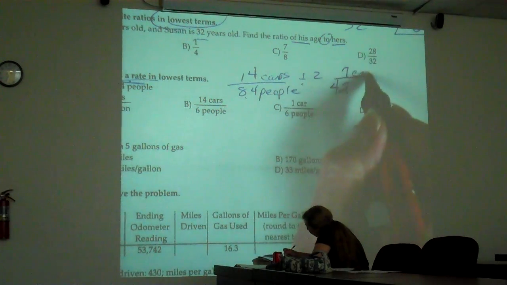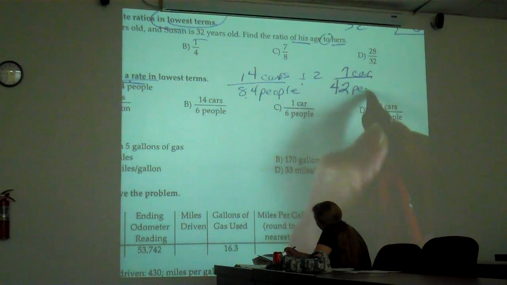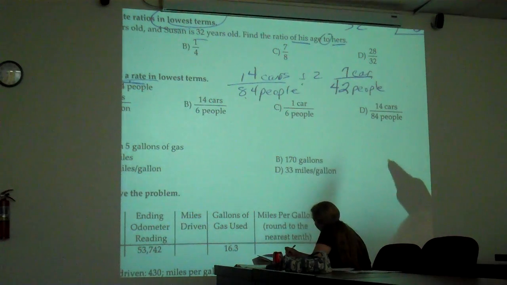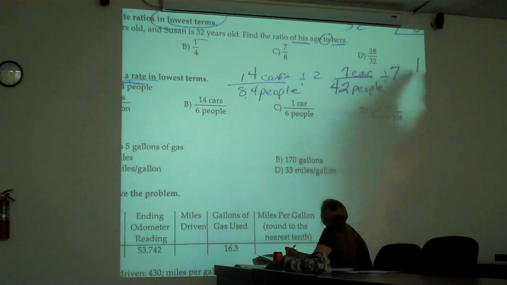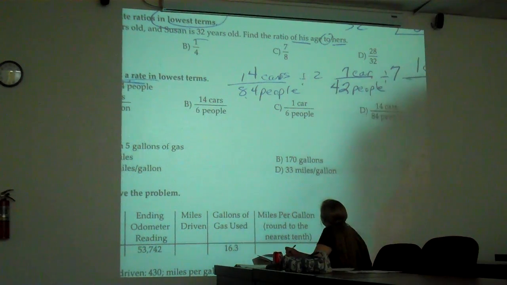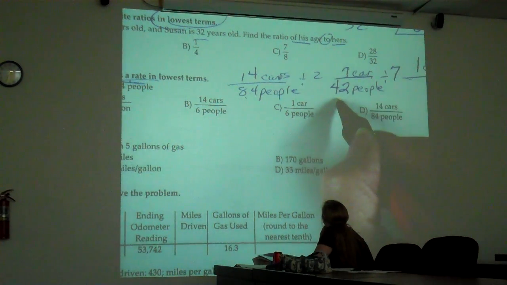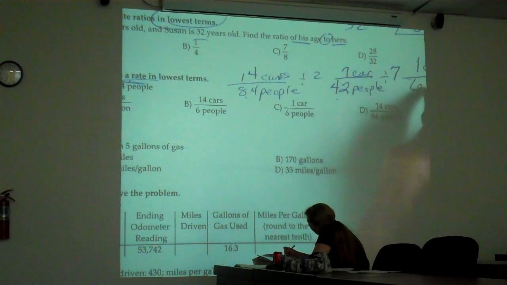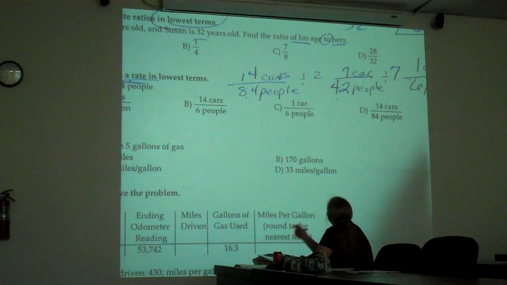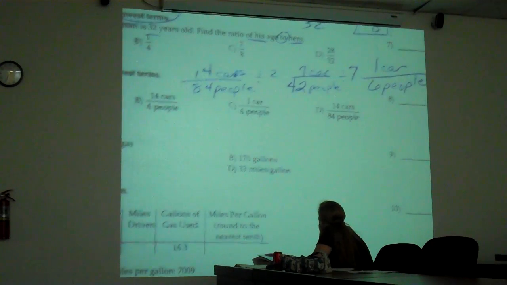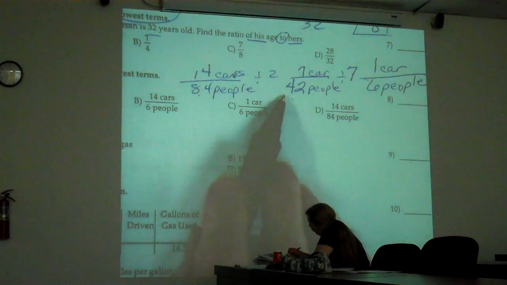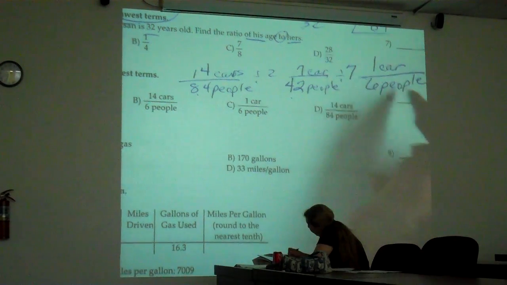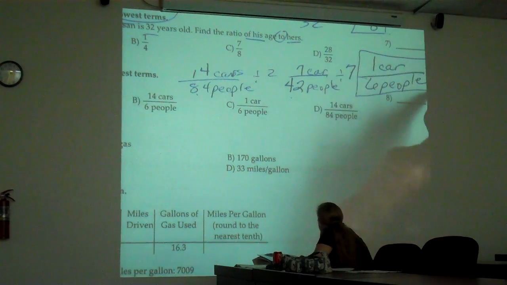So you have 7 cars for 42 people. Can that divide by 7? So you have 1 car for 6 people. Dana says the 7 and the 42 could reduce further, and then you went ahead and did it. Yeah. 1 car for every 6 people.